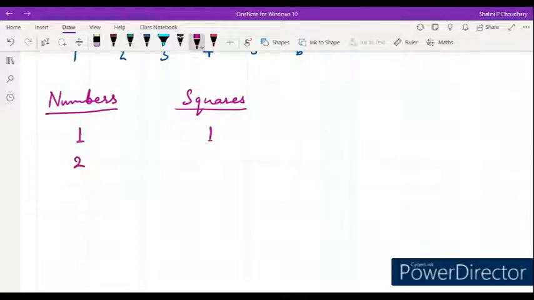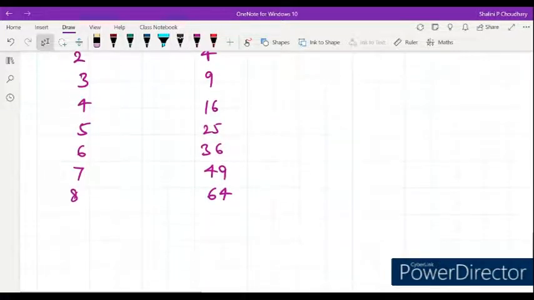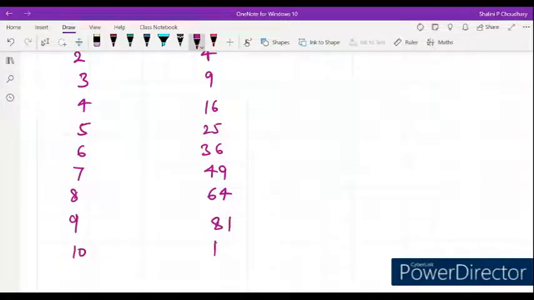Square of 2 is 4. 3, 9. 4, 16. 5, 25. 6, 36. 7, 49. 8, 64. Okay, 9, 81, and 10, 100.